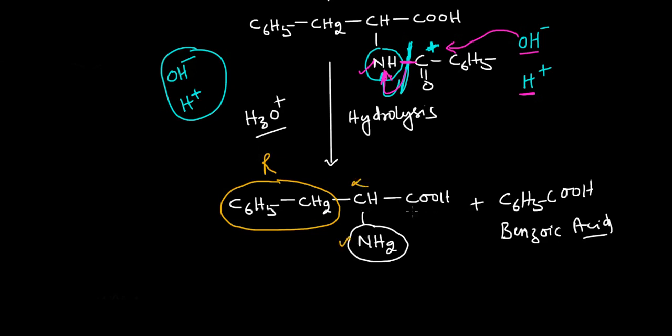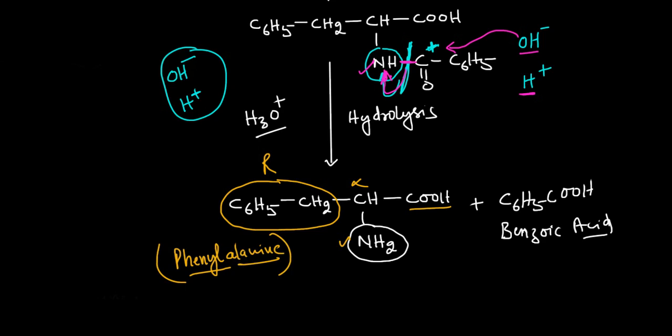So NH2 is there, COOH is there, so this is the alpha amino acid, and due to presence of C6H5CH2, this is known as phenylalanine. This is a preparation of phenylalanine. So we can prepare the aromatic alpha amino acid from this Erlenmeyer Azlactone synthesis.